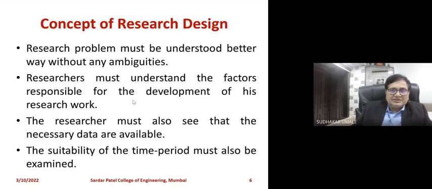So he must understand what are the factors responsible for my research work. You have to note down that is the main concept of research design. The researcher must also see that the necessary data are available. The suitability of the time period must also be examined.